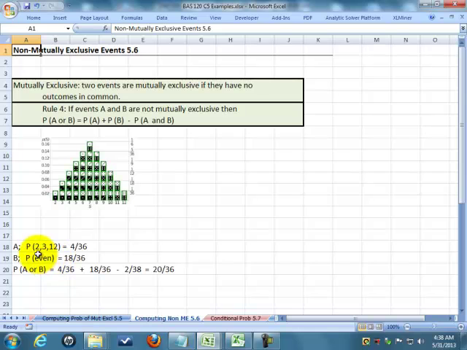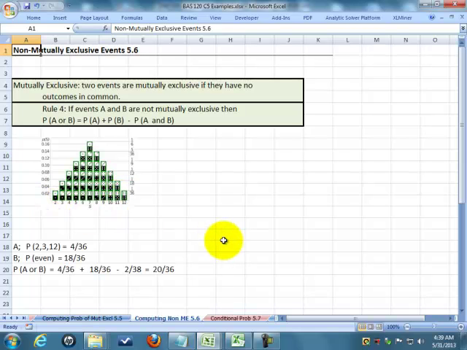The probability of a 2, 3, or 12 is 4/36. The probability of an even number is 1/2, or 18/36. So the probability of A or B is the probability of A plus the probability of B minus where I have overlap. I've got to take out this 2 because that's both a 2 and an even, and I've got to take out this 12.